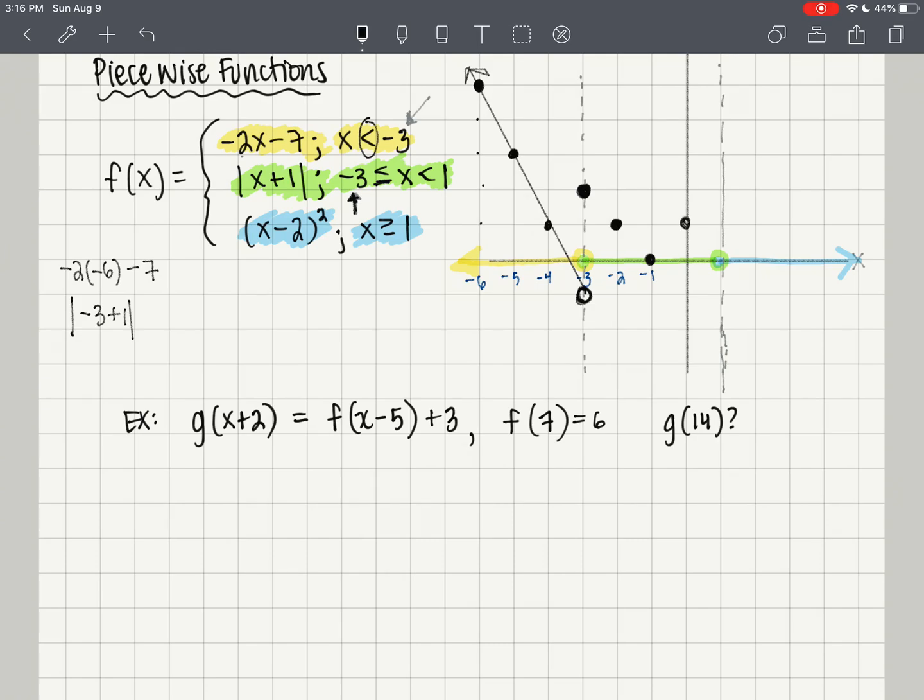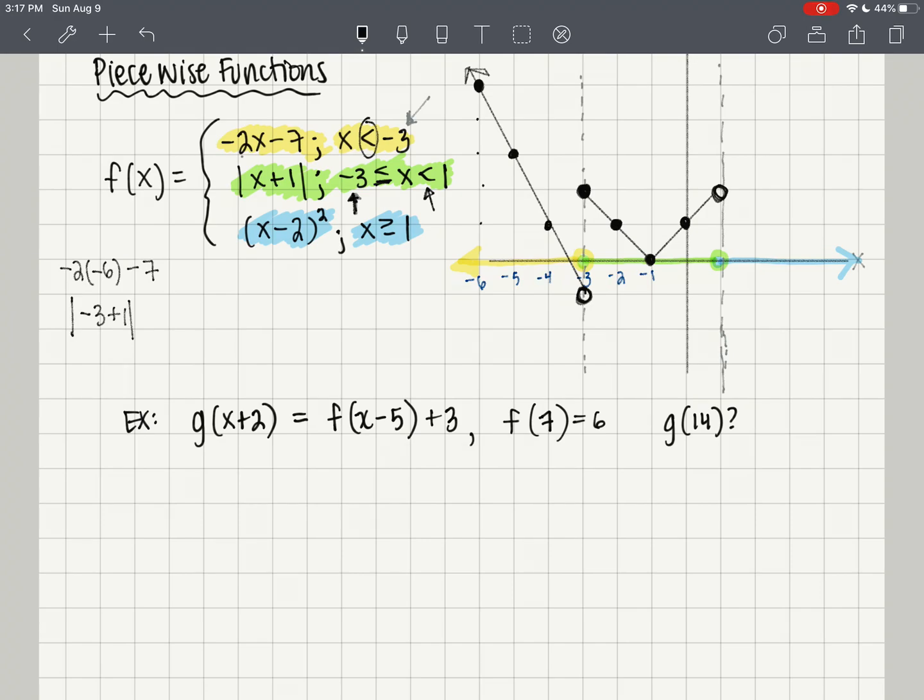When I put a 0 in, I get a positive 1 out. And when I put a positive 1 in, wait a second, it's not equal to positive 1, so it's going to be an open circle. When I put a positive 1 in, I get a positive 2 out, but it is an open circle. So I have an absolute value graph in that middle section.